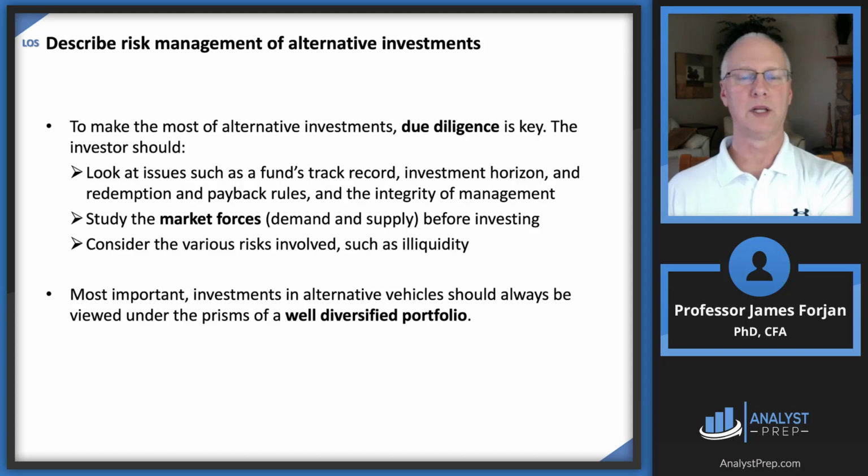Remember, when we were putting together the policy statement, we also wanted to take a look at a macroeconomic analysis and an industry analysis, and we can apply those same principles to study the market forces before investing. We need to make sure we consider all those risks, such as a lack of liquidity. Alternative investments should always be viewed as a component of a well-diversified portfolio.